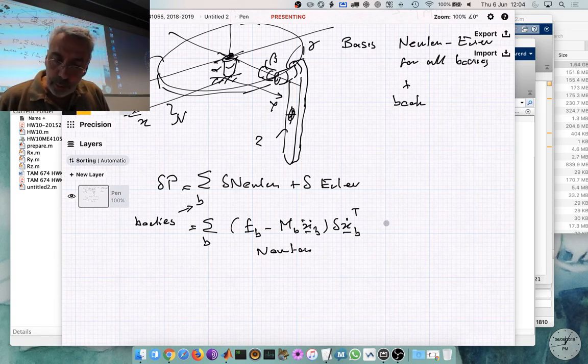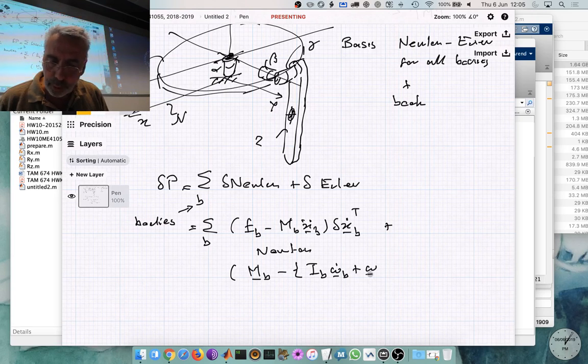Okay, now let's add the Euler part. So the Euler part is, again, the Euler equation of motion, right? So we have the sum of the torques equals the mass moment of inertia times the angular acceleration, plus omega cross I_B omega.